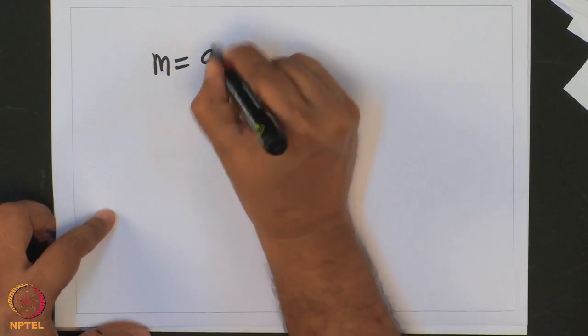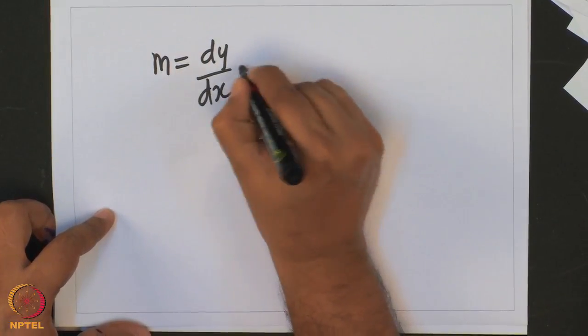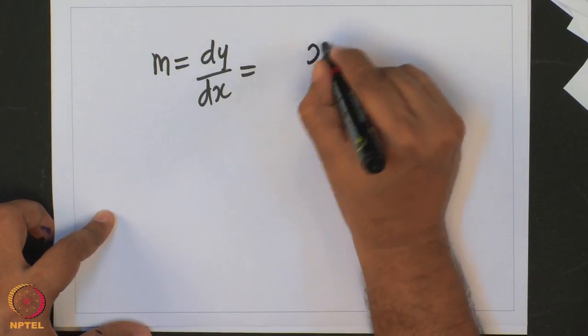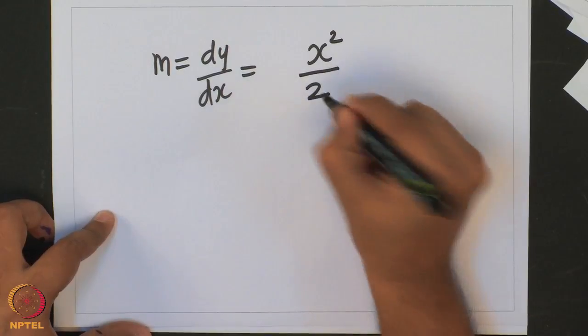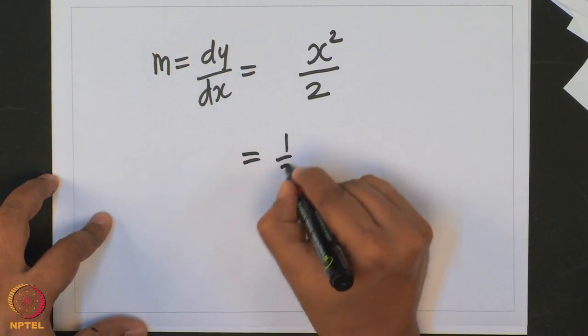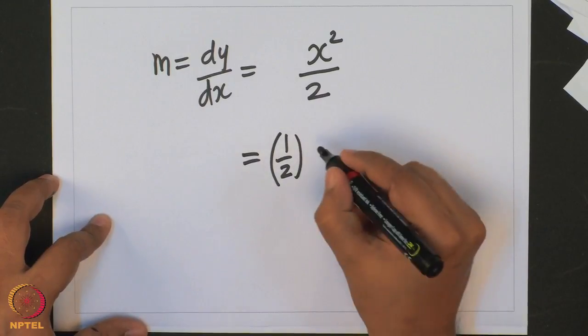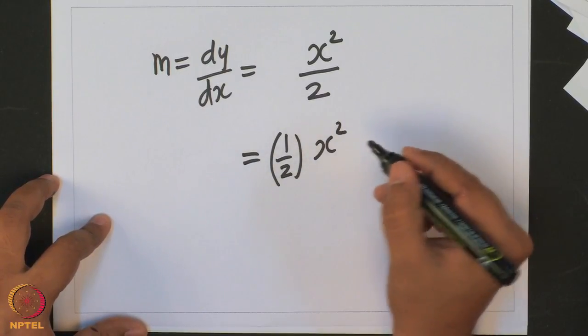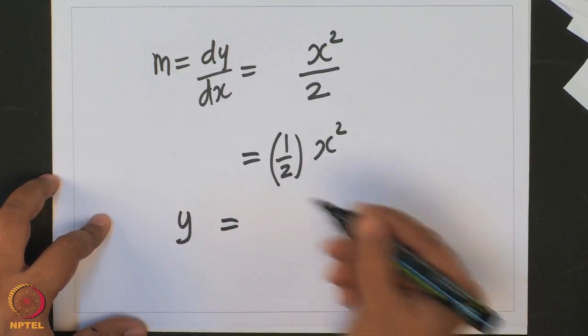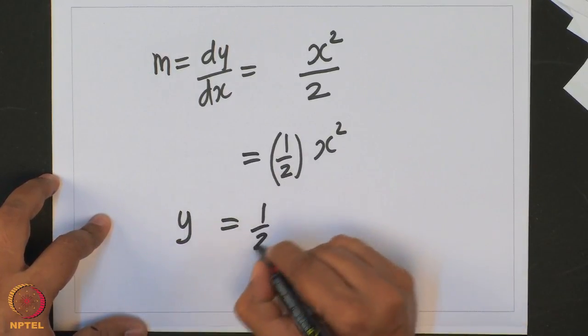So let us apply this when, let us say we have m is equal to dy by dx is equal to x square divided by 2. So our k is half, and we have k x square. If I integrate this, y will be half, which will remain as half itself.